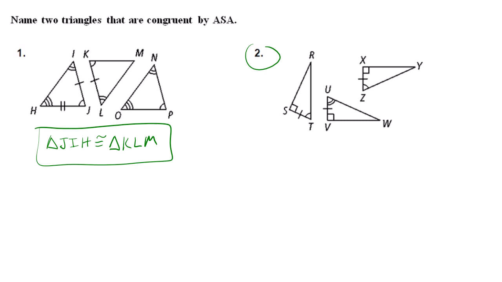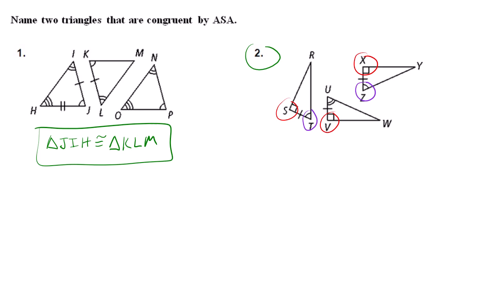Okay, for number two. So here I have angle T, and then we have a right angle, right? And we know that all right angles are congruent. So let's start with the right angle. Angle S is congruent to angle V and angle X, right? And then we have angle T that's congruent to only angle Z, right?